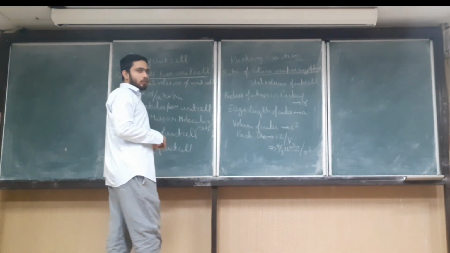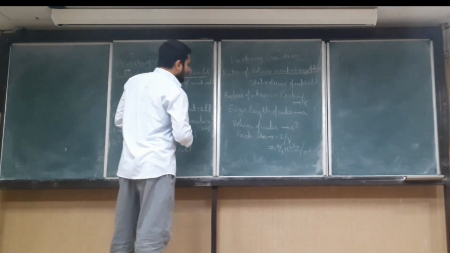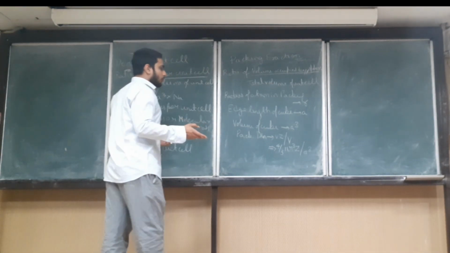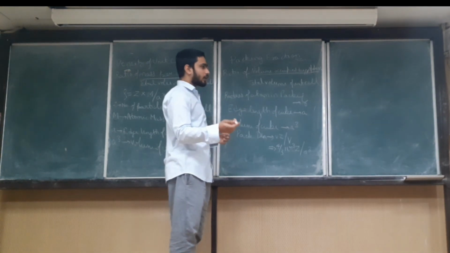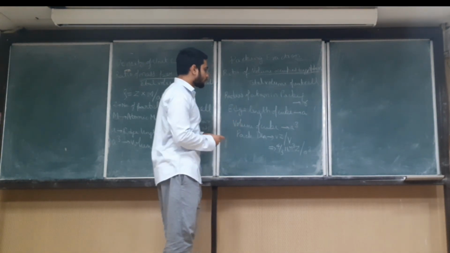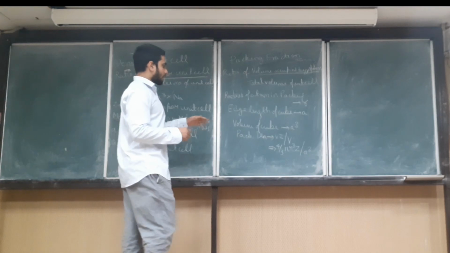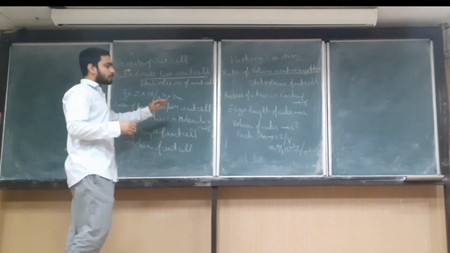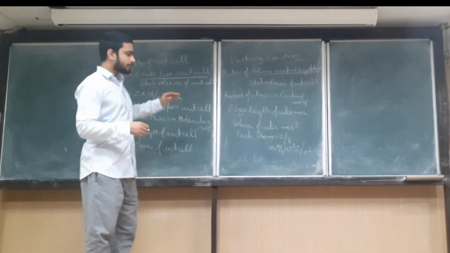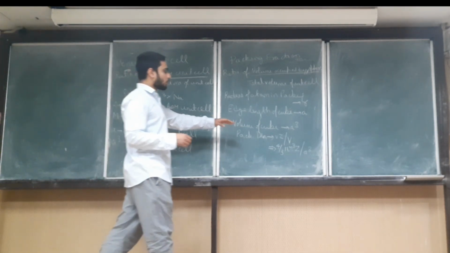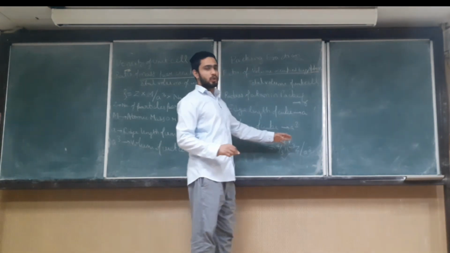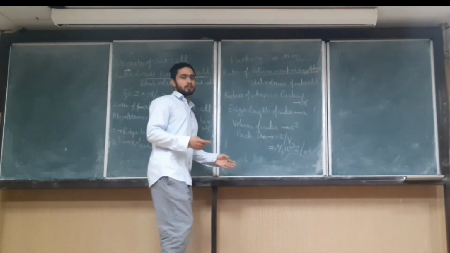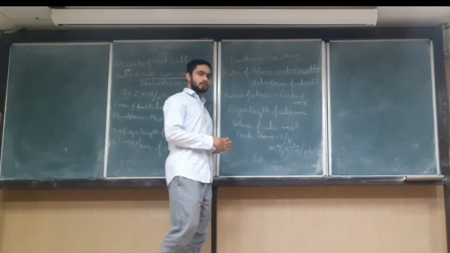A cube is the total volume of the unit cell, as it is a cube, and 4 upon 3 pi r cube is the volume of a sphere, as we consider the atoms to be spherical in shape. And Z is the number of particles per unit cell. So it comes out to be the effective volume of the atoms which are present upon the total volume of the structure. Okay, thank you.